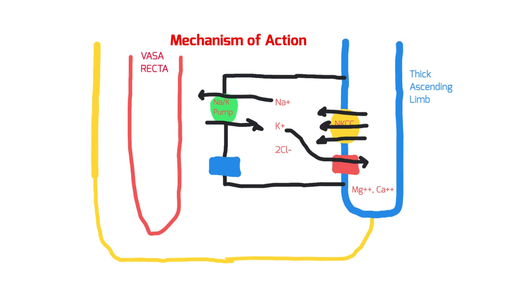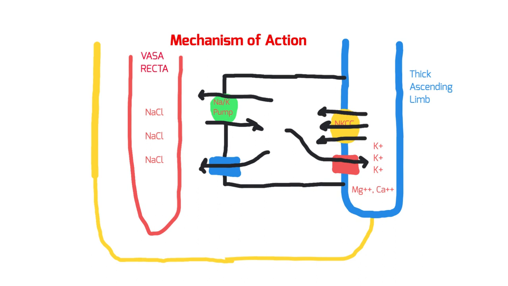Chloride has a similar transporter, but it's going to be on the opposite side so that it can build up in the interstitial space. So the big takeaway of what our thick ascending limb is going to do when it's not being inhibited by loop diuretics is it's going to build up this salt in the interstitial space.